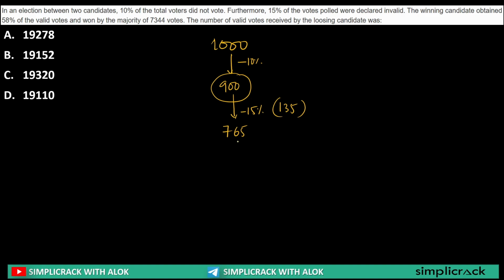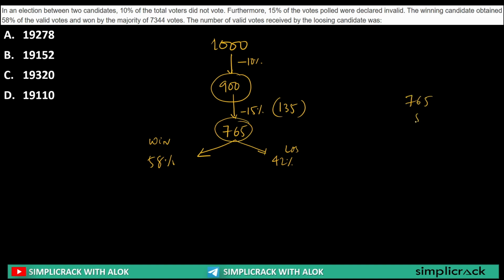Now out of these 765 votes, how many percent of votes did the winner get? It is 58%. 58% goes to the winning candidate and 42% goes to the losing candidate.